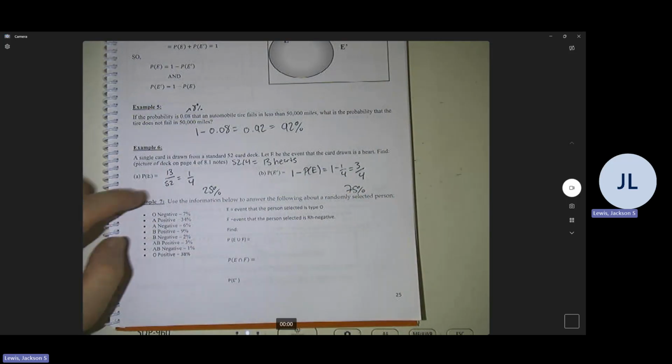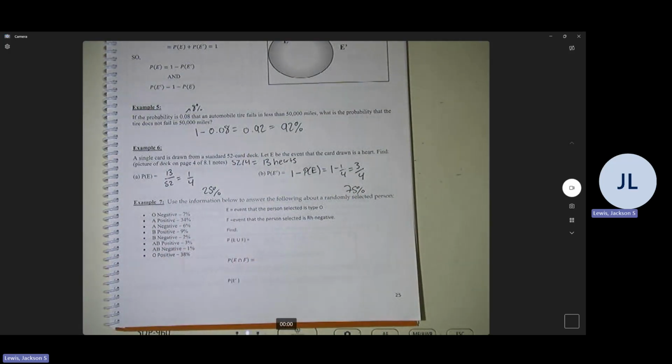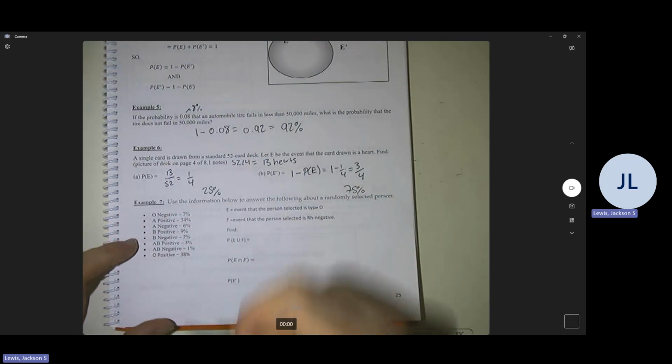Cool. It says here we can use the information below to give the following about a randomly selected person. Let E be the event the person is type O, and F be the event that the person is Rh negative. So that means blood type negative.